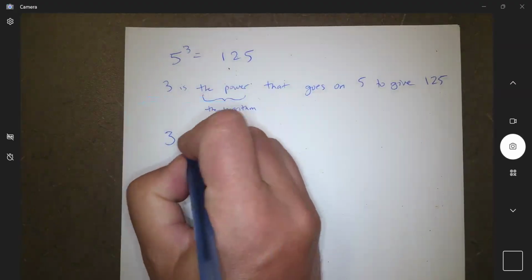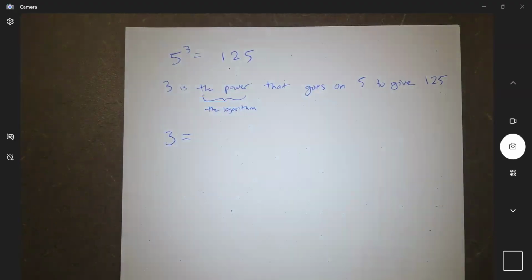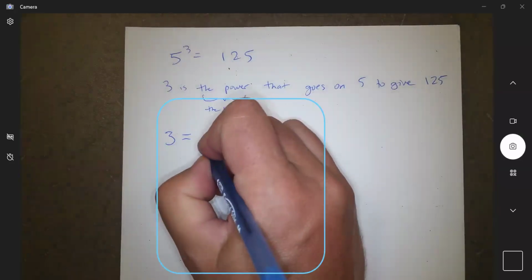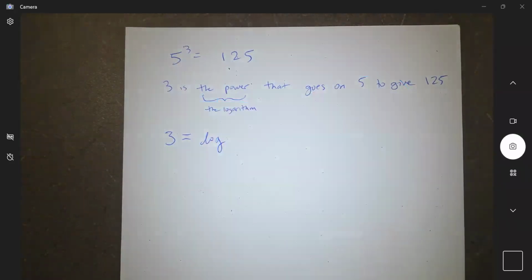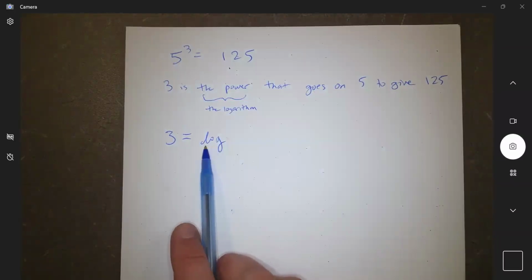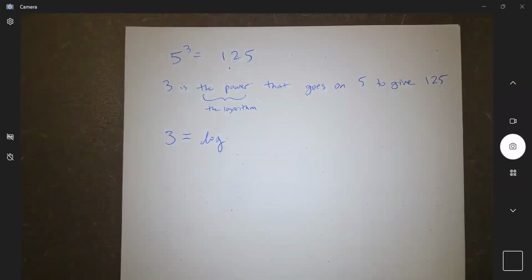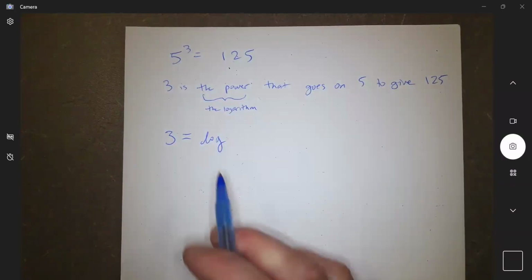So that is just going to become an equal sign. The power that goes on 5, the power is a logarithm, so I write log for logarithm. Now, if I were creating math, I would just call that power instead of log, but I didn't get to create it. So that's just a word we have to learn and make that association.